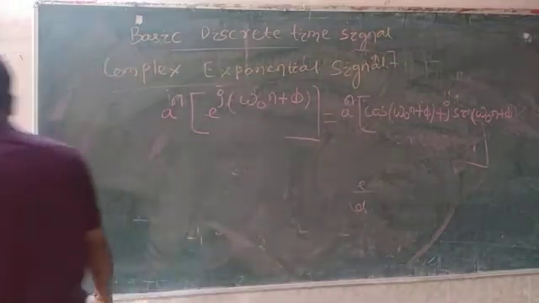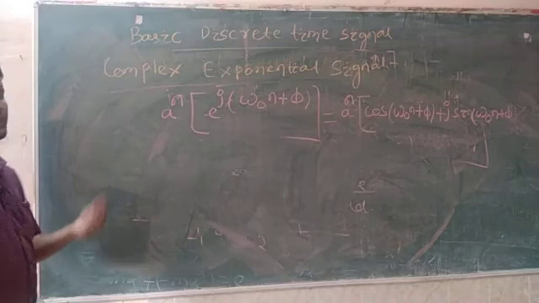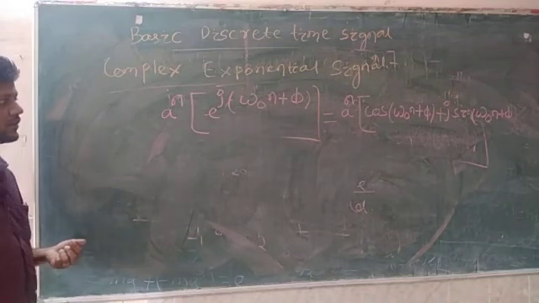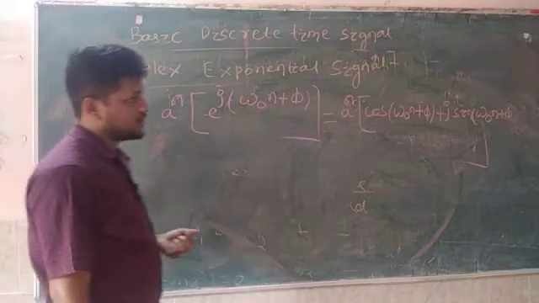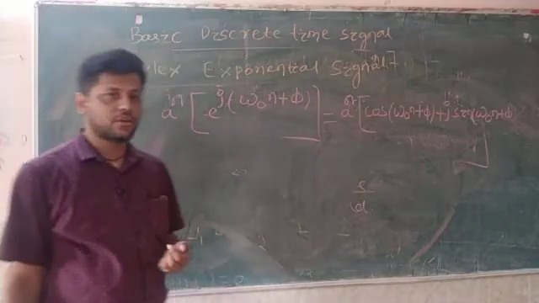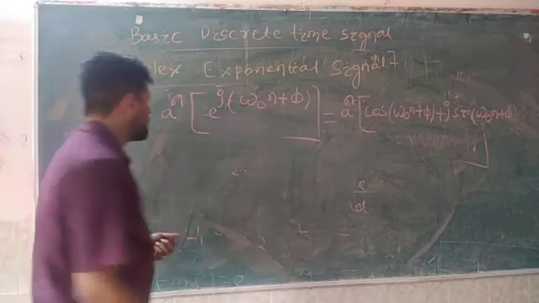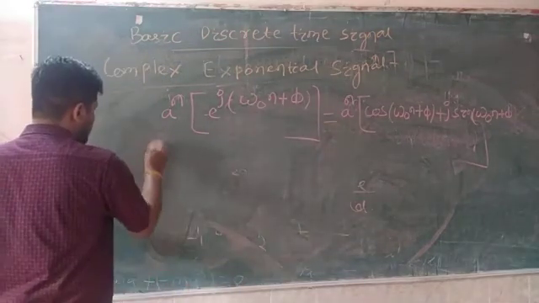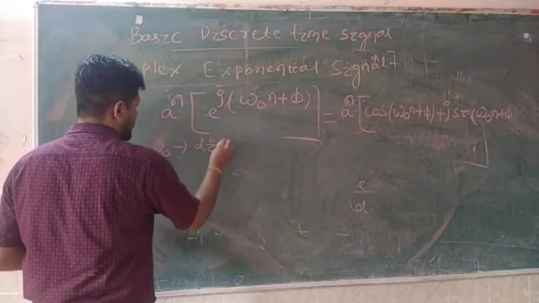So I write a to the power n, and inside the bracket I open e to the power j theta. In place of theta, here it is written omega 0 n plus phi. By opening this, we find cos of omega 0 n plus phi plus j sin of omega 0 n plus phi, where this omega 0 denotes the digital frequency or discrete frequency.